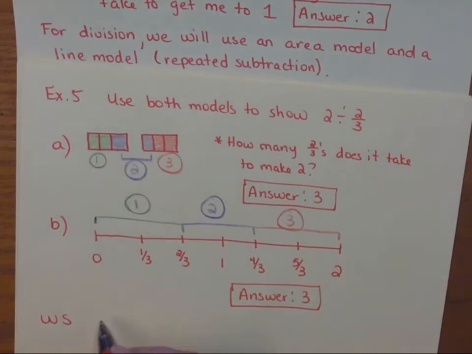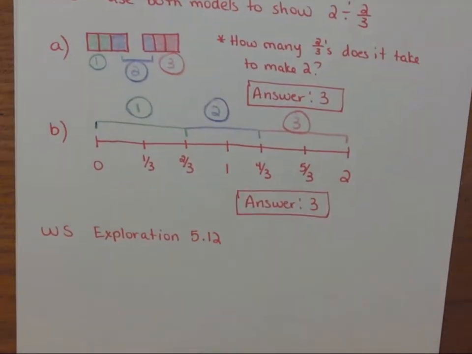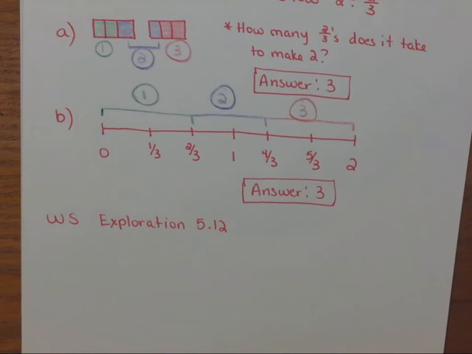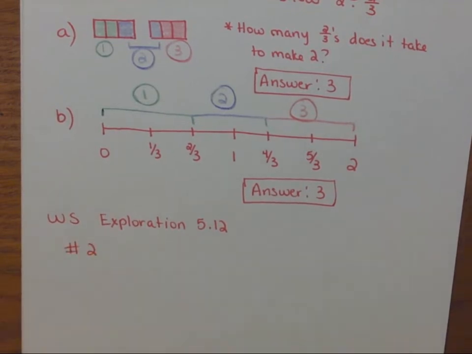So this is worksheet exploration 5.12. So if we don't cover one of them and you want to look at it later, that would probably be a good idea. All right, so let's look at number 2 on the worksheet.